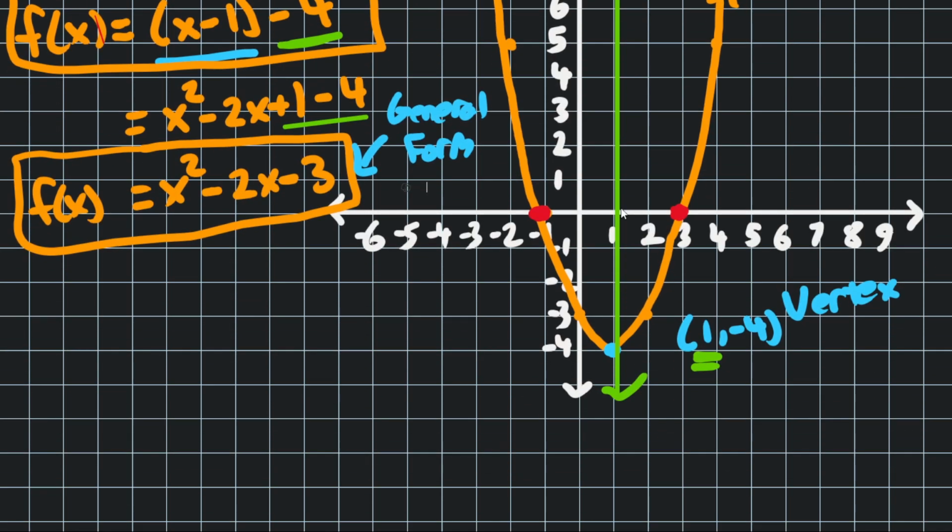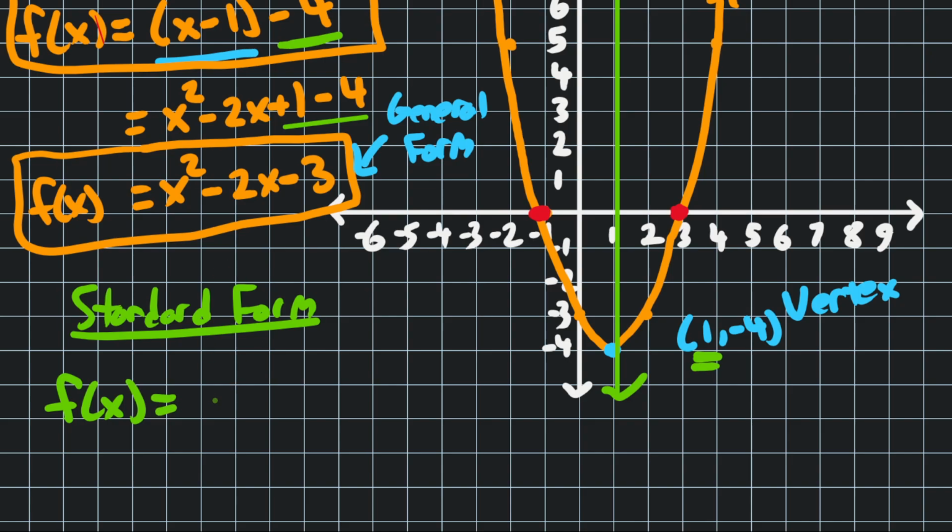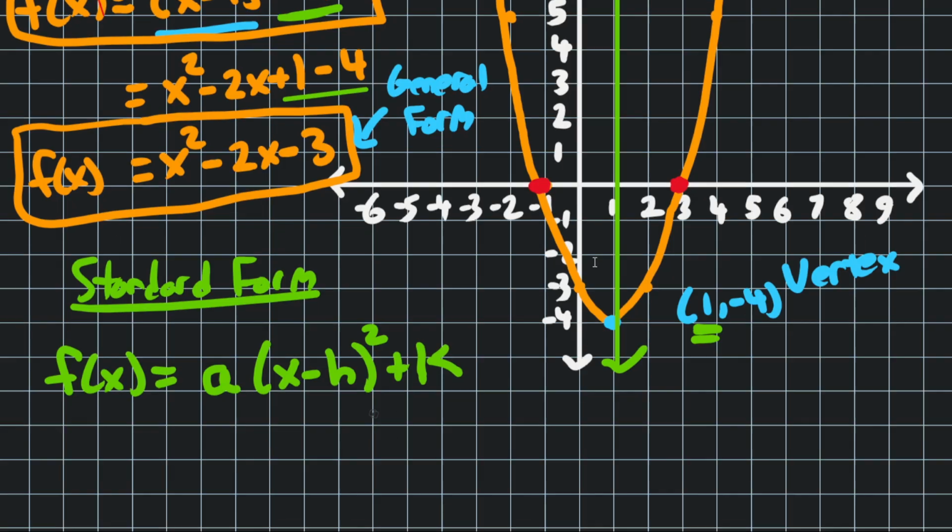So let's talk more about the standard form. The standard form for a parabola, for any quadratic function, goes like this. f of x equals a times x minus h squared plus k. So that's the standard form, and we'll explain what all these letters mean.